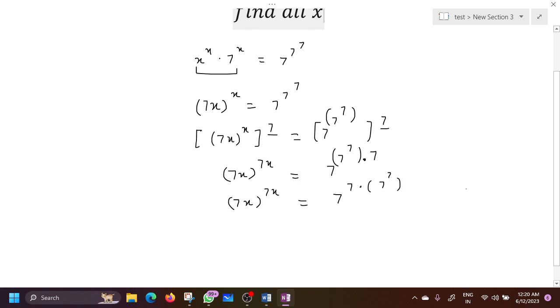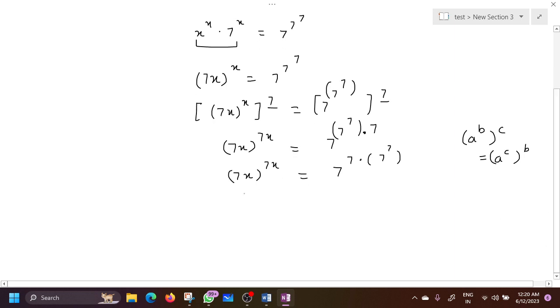No doubt in that, because we can write a to the power b to the power c is equal to a to the power c to the power b. So we have (7x) to the power 7x is equal to (7 to the power 7) whole to the power 7 to the 7.